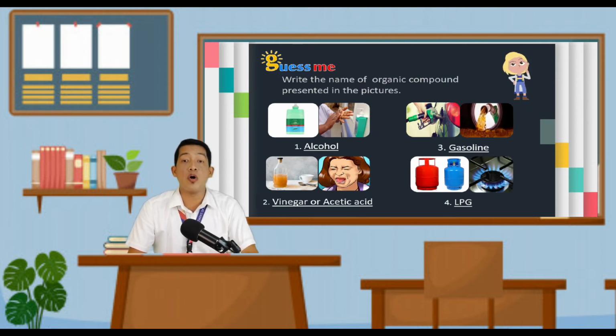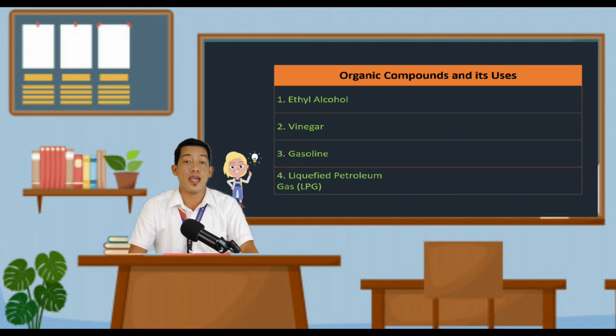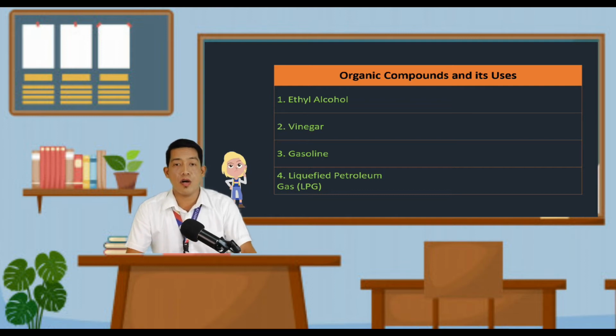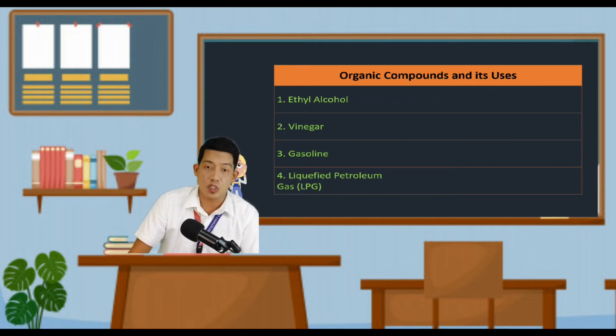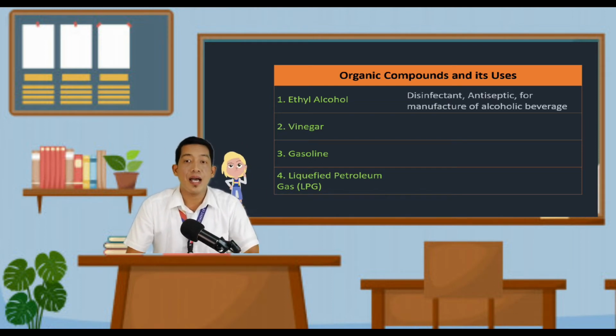This time, let me know how familiar you are with the use of organic compounds you have been using every day. We will present the table of some organic compounds and their uses. We have ethyl alcohol, the vinegar, gasoline, and liquefied petroleum gas, commonly known as LPG. Ethyl alcohol, used for disinfectant, antiseptic, or manufacture of alcoholic beverages.